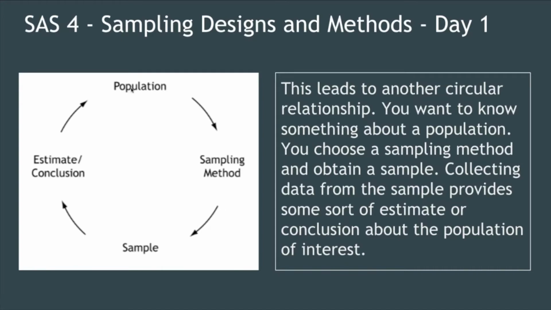If not, we'll go back to the population and design a different sampling method to create a sample that will get us a better estimate or conclusion. There are lots of things that might cause problems with the sample, and we'll talk about those after we get back from the holiday break. In the meantime, we're looking at how to design the sampling method, okay?